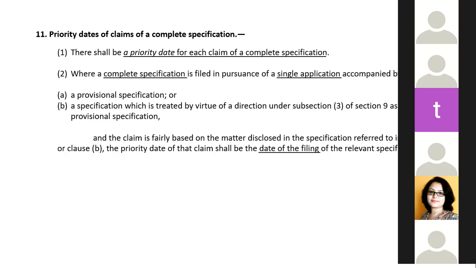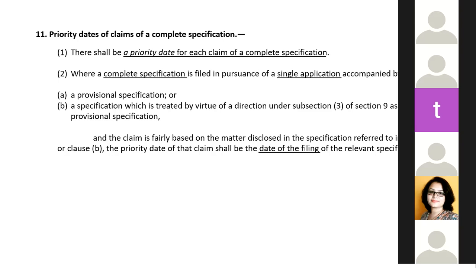Suppose A, B, C, there are 3 provisional applications and I have filed 1 complete application. In claims 1, 2 and 3, I have disclosed the matters A, B and C. Now the first provisional application, that is A: the matter disclosed in that provisional application, if claim 1 of the complete specification discloses the same matter, then the priority date of claim 1 is the same as the first provisional.